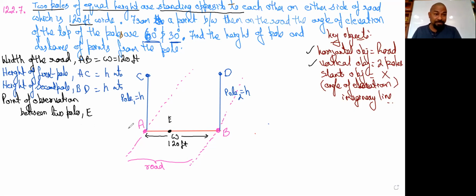Let us take it as E. Now what he says is that the angle of elevation to the first pole is 60 degrees and the angle of elevation to the second pole is 30 degrees.